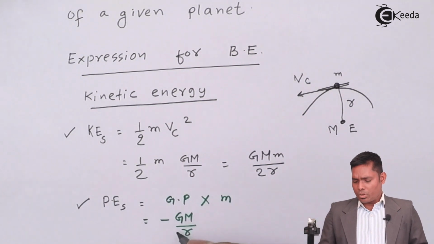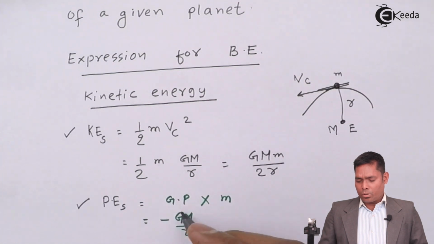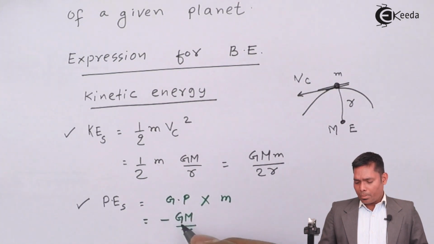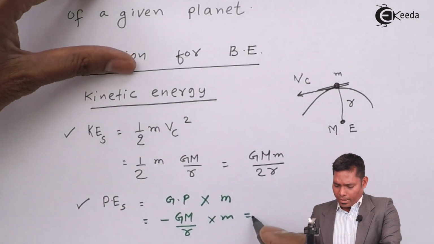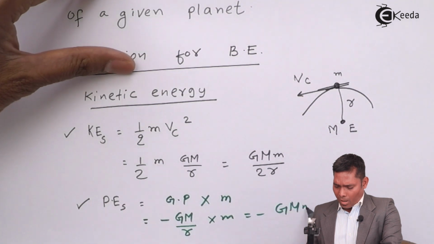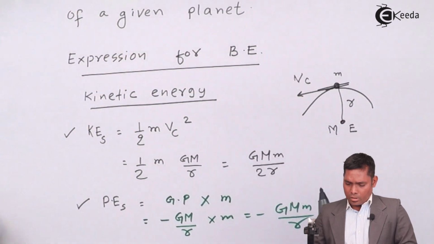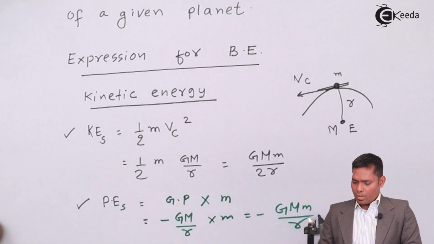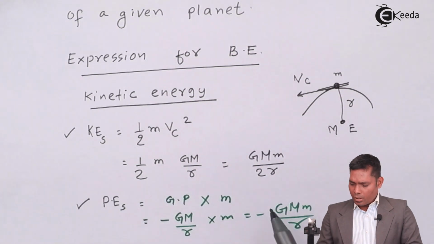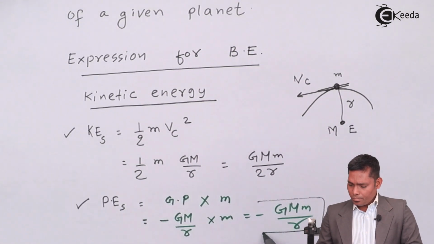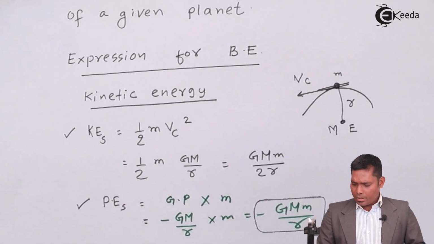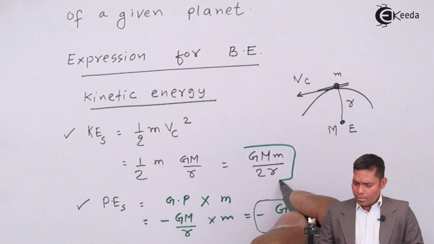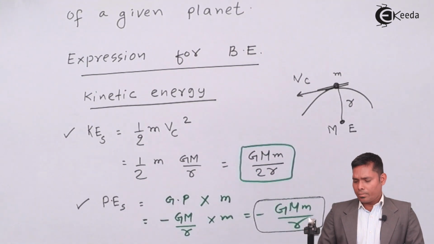Multiplying by small m gives minus G M m over R. This expression is for potential energy, and the earlier one is for kinetic energy.